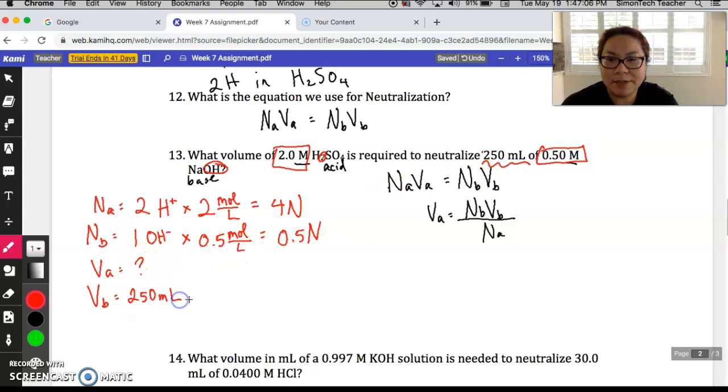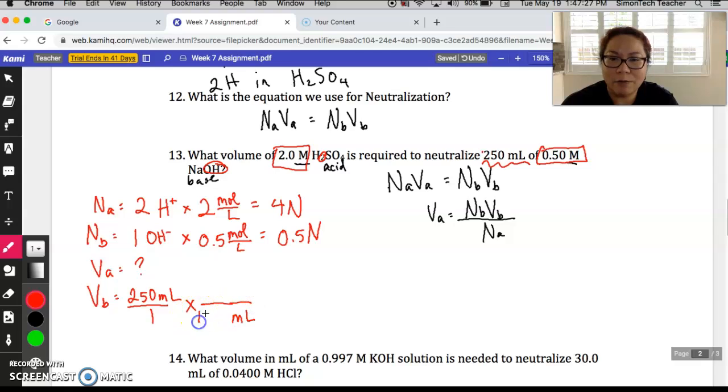The volume of the base is right here, 250 milliliters. But everything is in liters, so we got to convert the 250 milliliters into liters. And to do that, simply do 250 milliliters over 1, the conversion factor times, and then the line. We want to get rid of the milliliters, so that should be in the denominator down here.